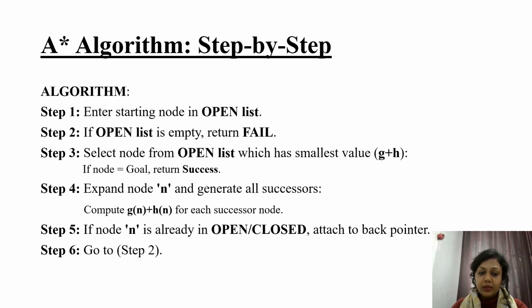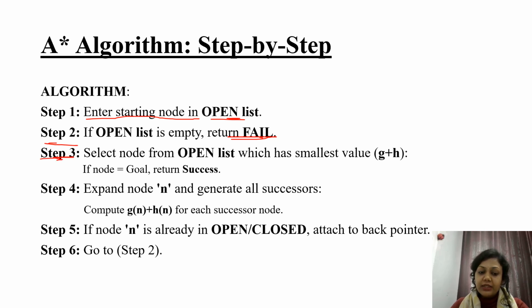Okay. Now let's see the algorithm step by step. The first step is to enter the starting node in the open list. We have to create an open list in which we will put our starting node. Next we will check if the open list is empty, then we have to return fail. This will be our step 2.